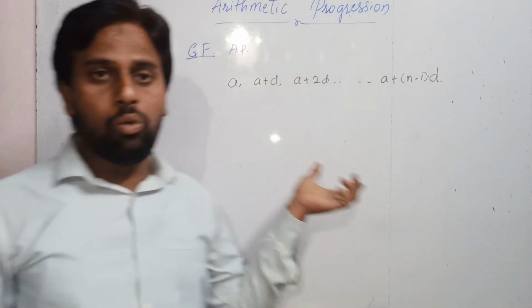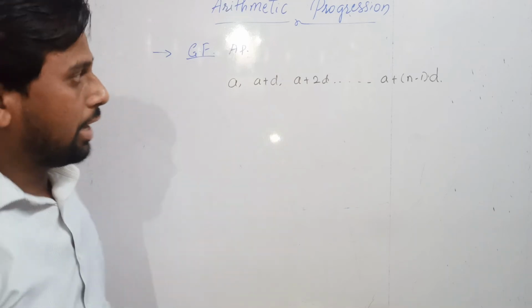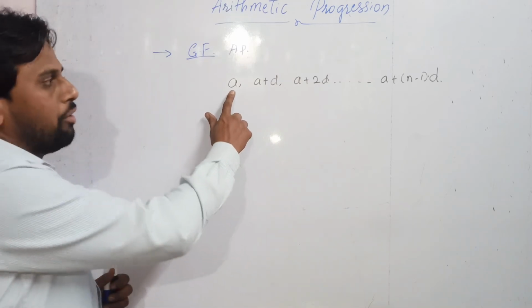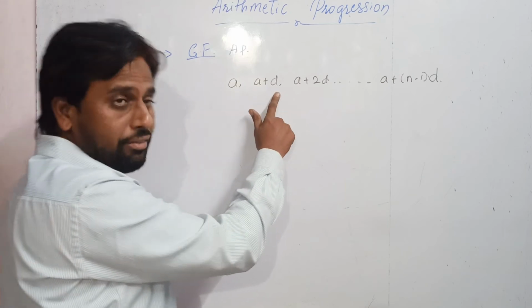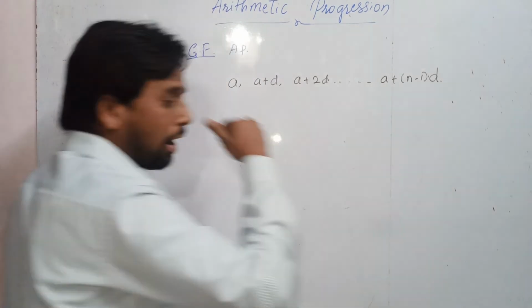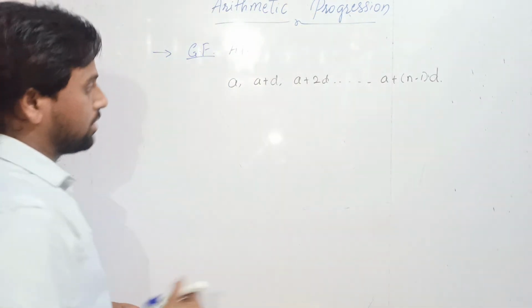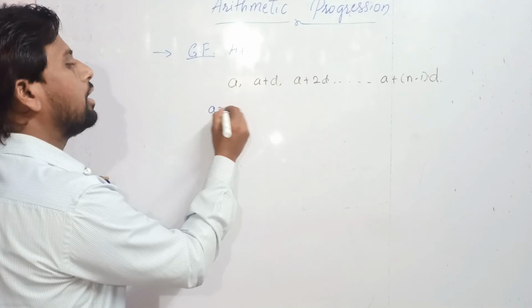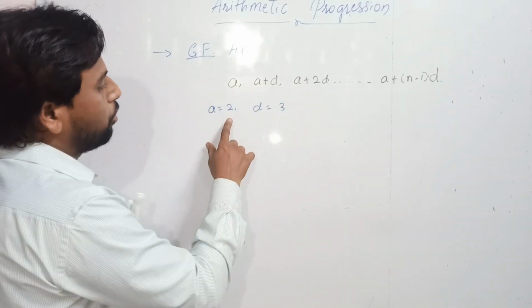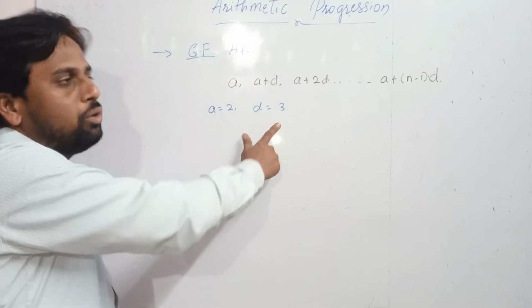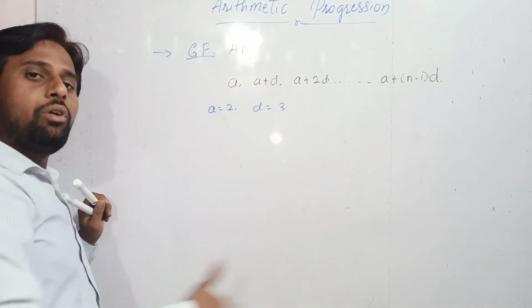If you know the general form of an AP, and if you know the a value and the d value, you can form any number of APs. For example, here I will take a as 2 and d as 3.